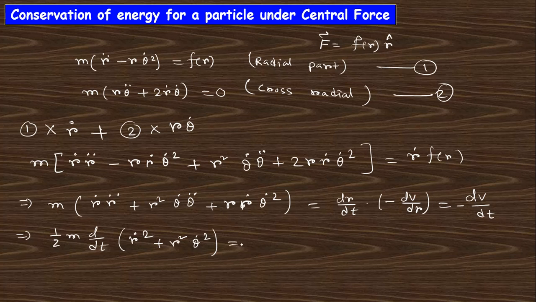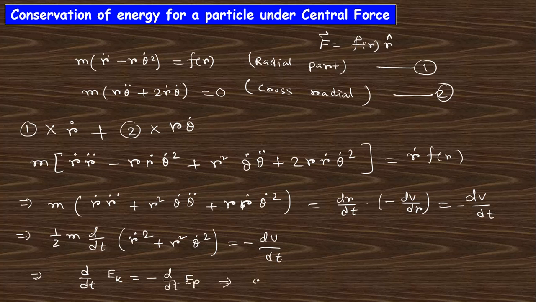Just do it yourself and you will get this portion. This is nothing but the velocity component, and this is the potential energy. This term gives you kinetic energy, so you can say d/dt of Ek is minus d/dt of Ep.